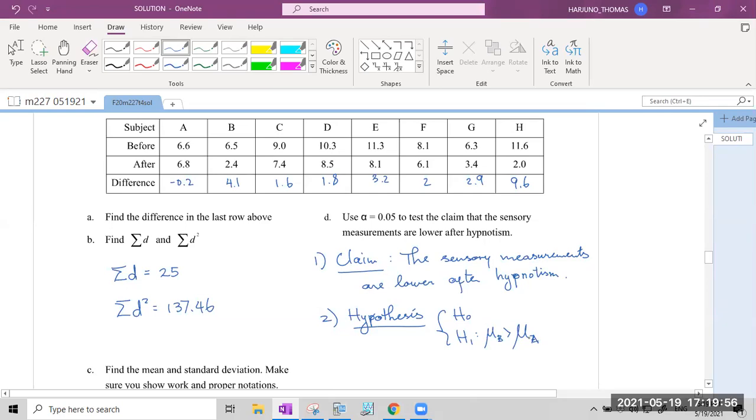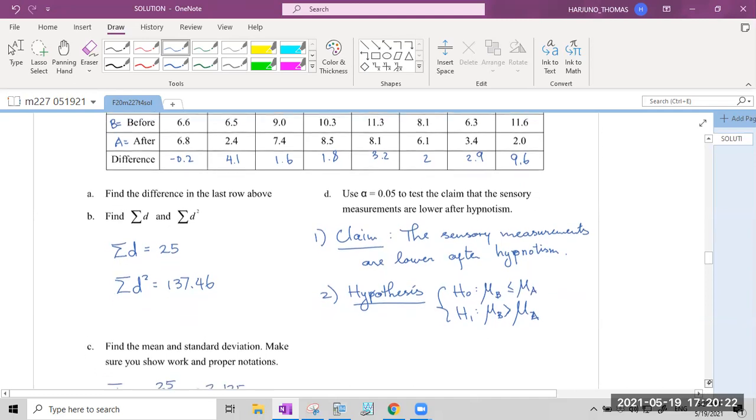After hypnotism, the measurement is lower. So mu after is less than mu before. This is my B for before, this is my A for after. So mu before is less than or equal to mu after.